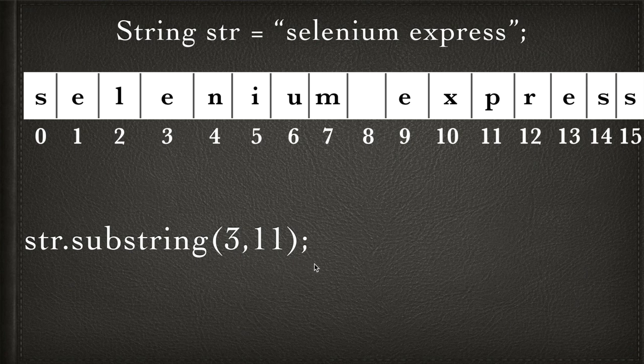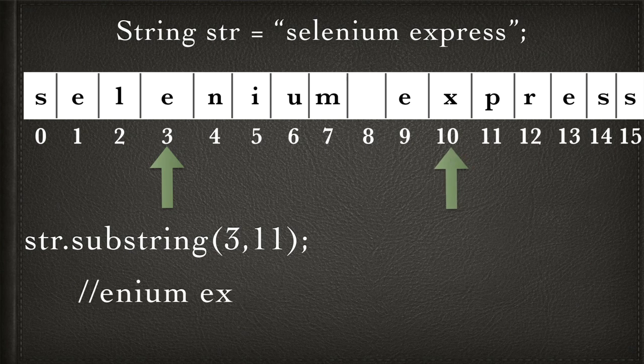It's very simple to guess, right? This is my begin index and this is my end index. We understood in the last slide that the end index is always the end index minus 1. That means we are specifying 11 here, so it is going to capture characters till the 10th index, right? So the output is going to be ENIUM space then EX, right?